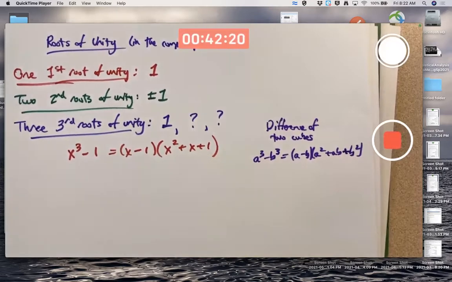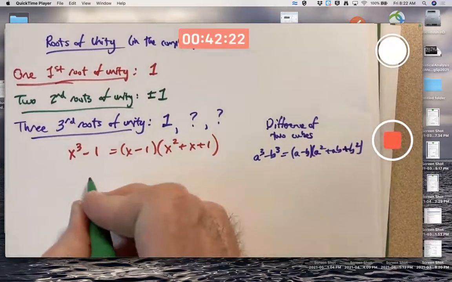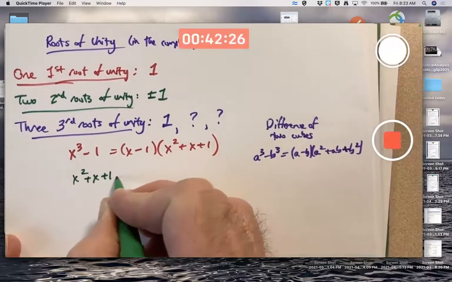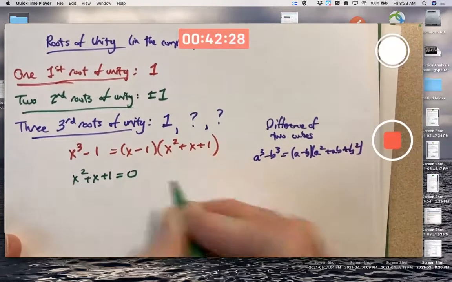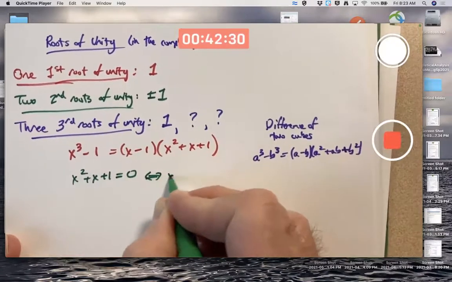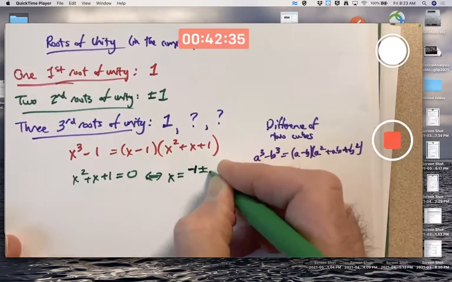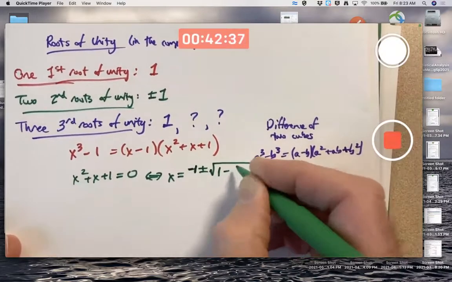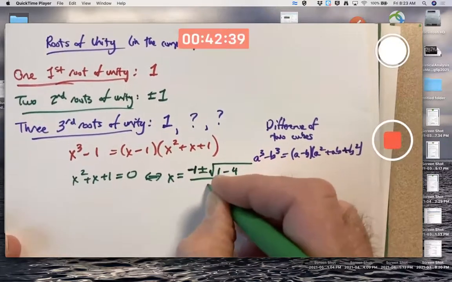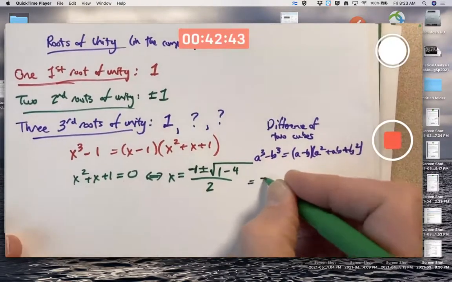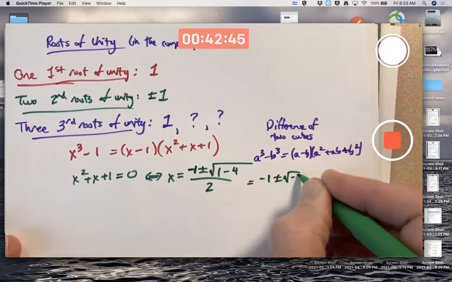Use the quadratic formula. See if we can figure out what they are. X squared plus x plus 1 equals 0. X is equal to -1 plus or minus the square root of 1 minus 4 times 1 times 1, over 2 times 1. That is -1 plus or minus the square root of -3, over 2.